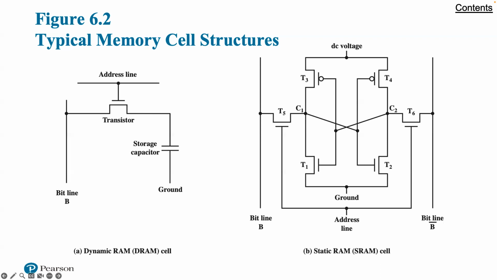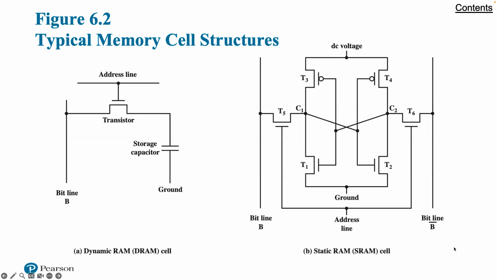For a write operation, the desired bit value is applied to line B, while its complement is applied to line B-bar. This forces the four transistors, T1, T2, T3, and T4, into the proper state. For a read operation, the bit value is read from line B.